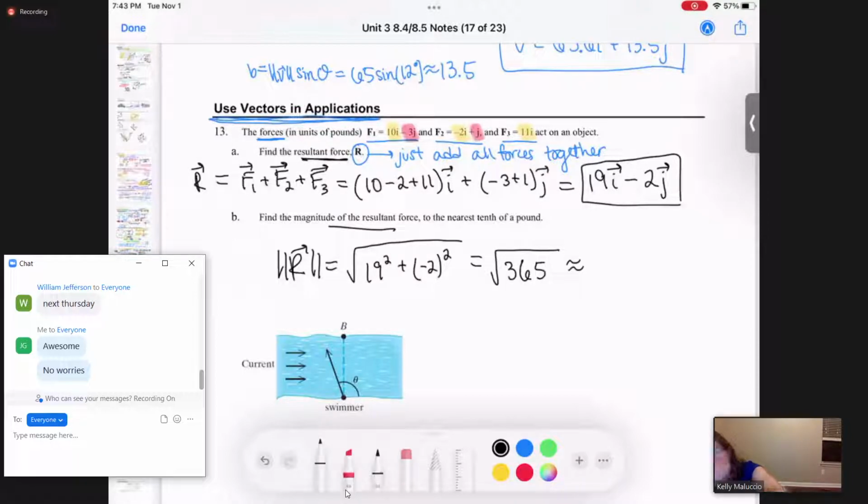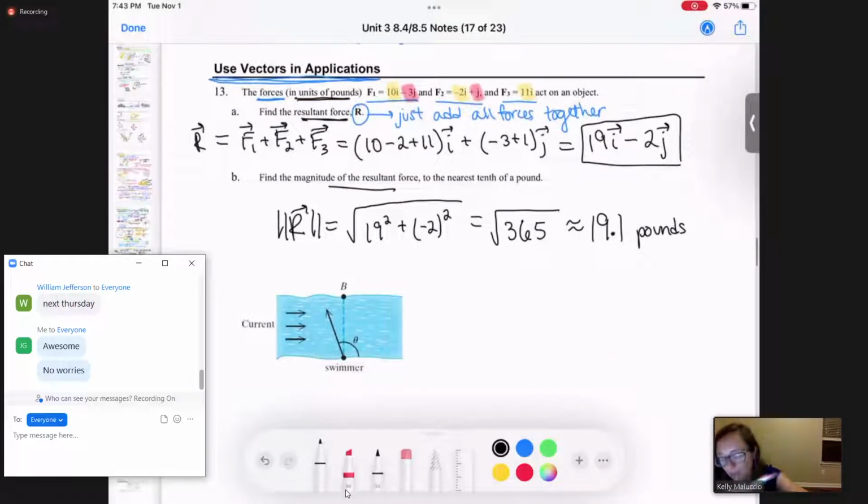We get a decimal here. I should have probably computed this before, but I just did it. So this is 19.1, and it's in units of pounds. So the magnitude of the force acting on the object is 19.1 pounds. If it's your dog jumping on you, maybe it weighs 19, or double that, like mine.